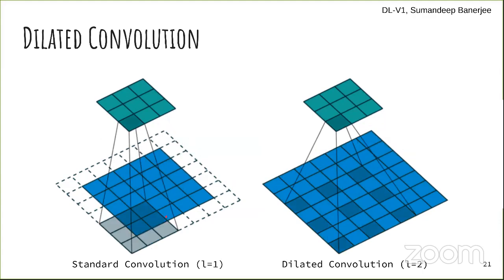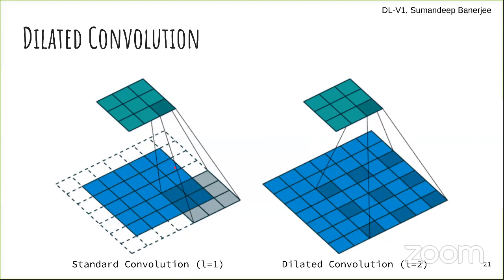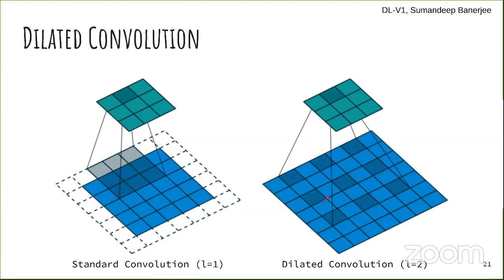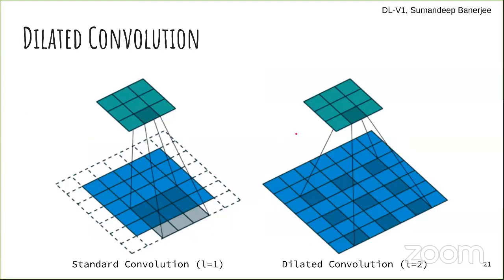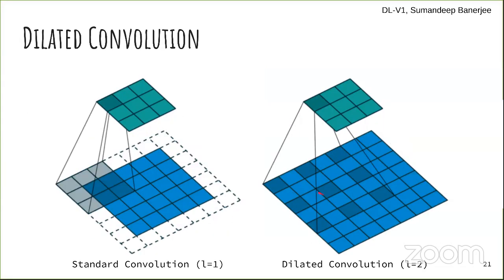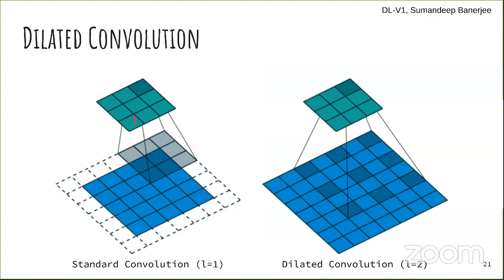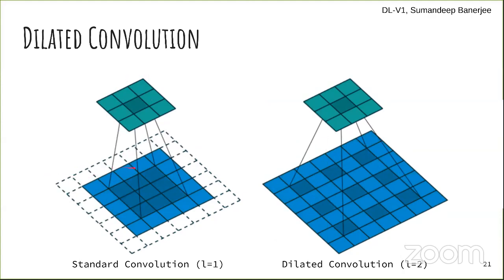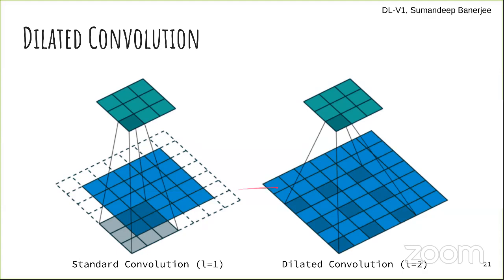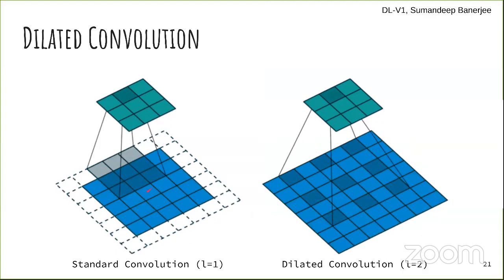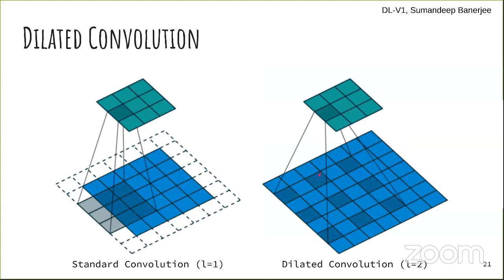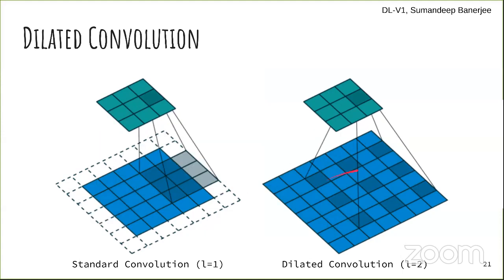It's just something similar to strides, but in a different manner. Instead of skipping pixels from one filter position to another, within the filter positions, it introduces gaps. So for a 3 by 3 filter, we need to look at 3 by 3, so basically 9 pixels, but instead of looking at a contiguous block of 3 by 3 pixels, we use a gap and look at a much larger area.